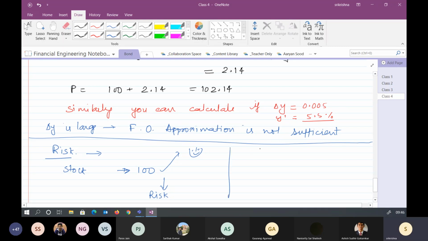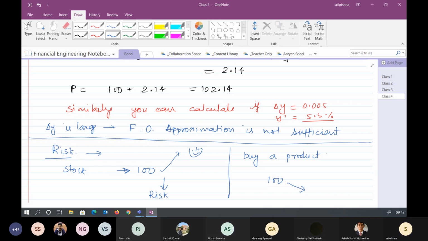Similarly, suppose instead of owning it, you want to buy a product whose current value is 100. You would be looking to buy it later on, maybe after 1 month or 6 months, or you are thinking to buy in the future. So you would be looking for the price to decrease. Yes or no?